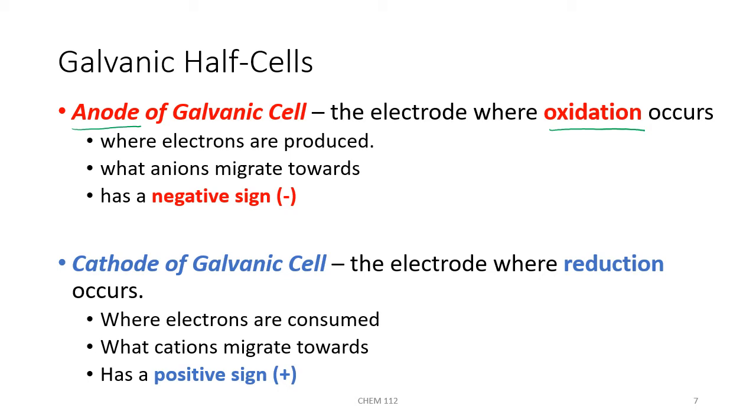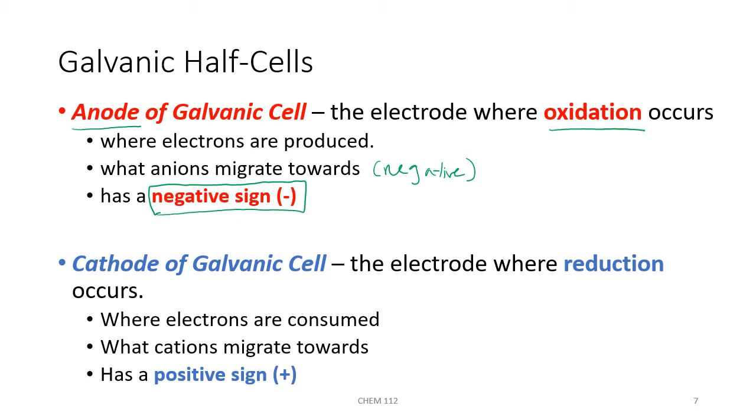This is where electrons will be produced, and it's where the anions will head towards. Remember, anions have a negative charge. The anode is assigned a sign, and you can think of it like the negative sign on a battery. So the anode has a negative charge overall.